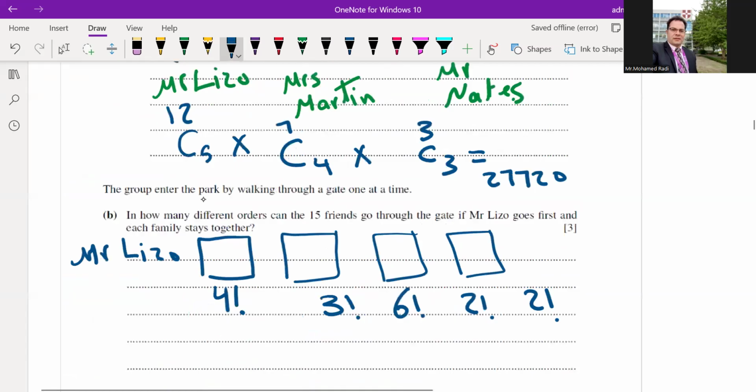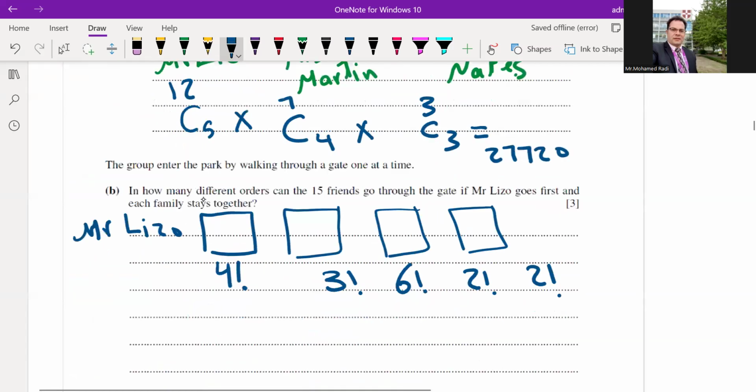So find the product: 4 factorial multiplied by 6 factorial multiplied by 2 factorial multiplied by 2 factorial, and don't forget to multiply by 3 factorial. So the answer will be 4,1,4,2, sorry, 720.